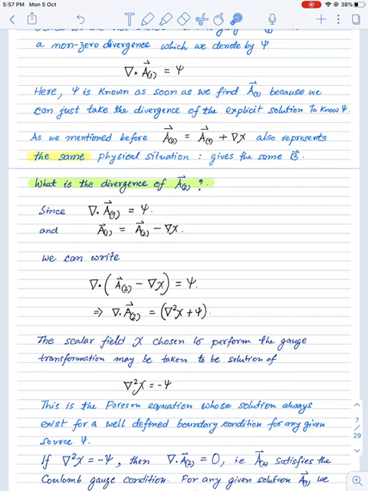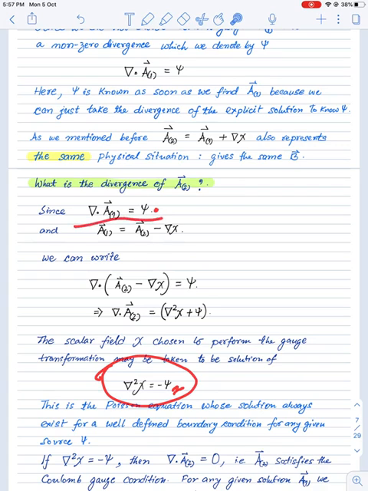Therefore A2 would satisfy the Coulomb gauge condition. So even if A1 doesn't satisfy the Coulomb gauge condition, we can perform a gauge transformation using a scalar field which is solved from this equation.